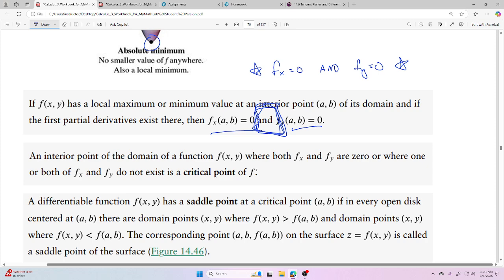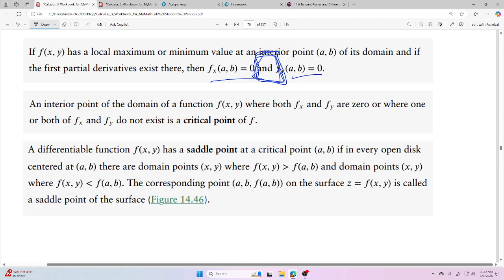You got two formulas, and they both are set equal to 0. What would you do? System of equations. Oh, you didn't say that. System of equations. Pull out a matrix? Yeah, it's a system of equations a lot of times. And that's why it's called a critical point.